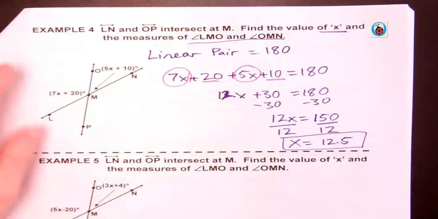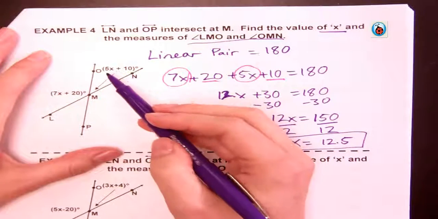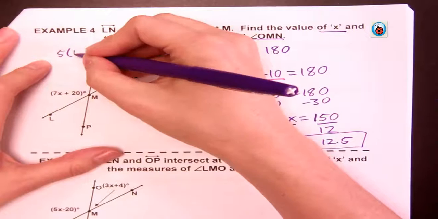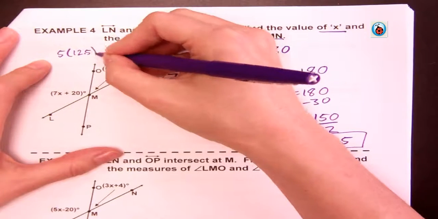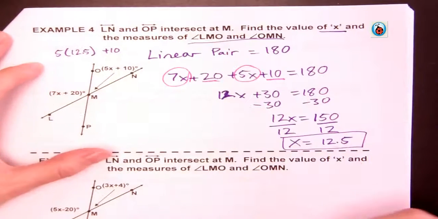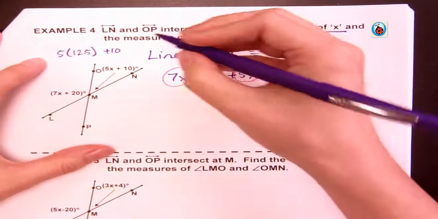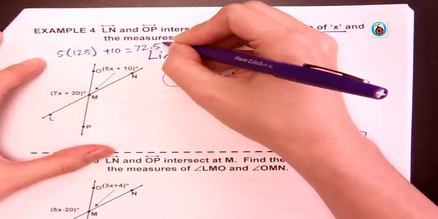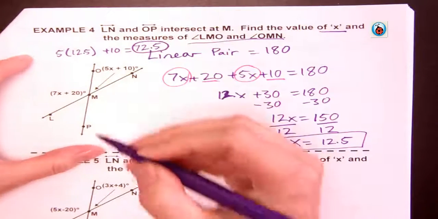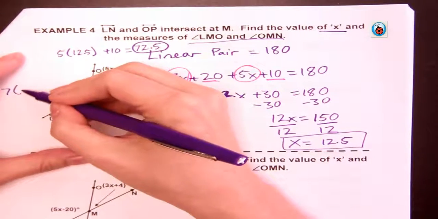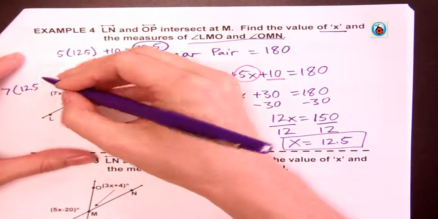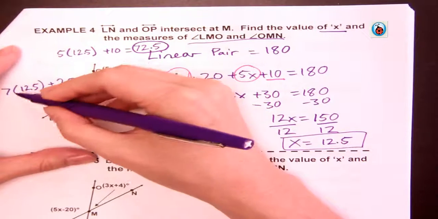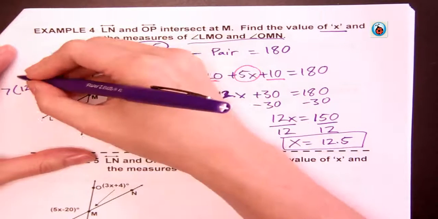Now I just have to plug it back in. So angle OMN is going to be 5 times the 12.5 that I just found, plus 10. I can plug that into the calculator, or I can do the math. It comes out to 72.5. This one is 7 times the 12.5 plus 20. Again, I can plug it into my calculator or do the math by hand.